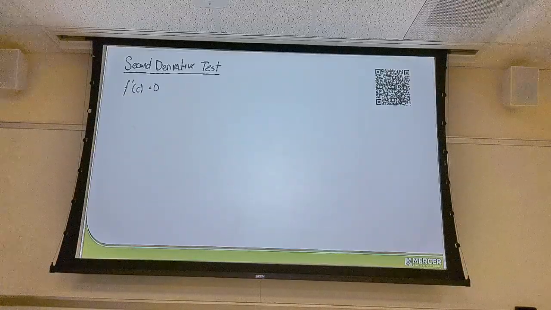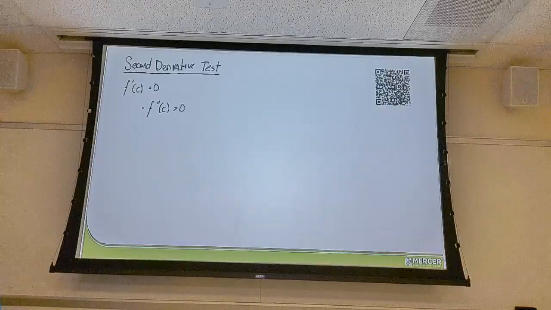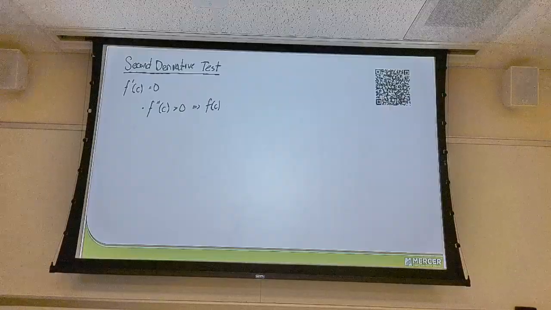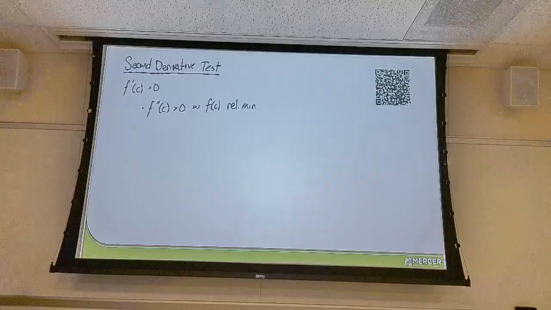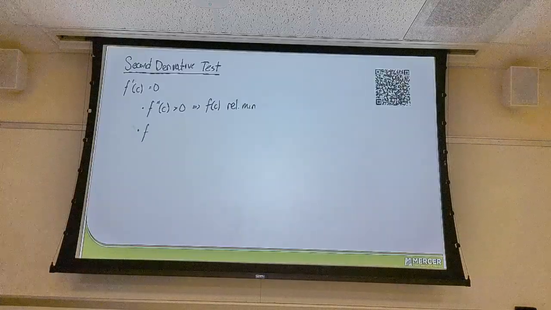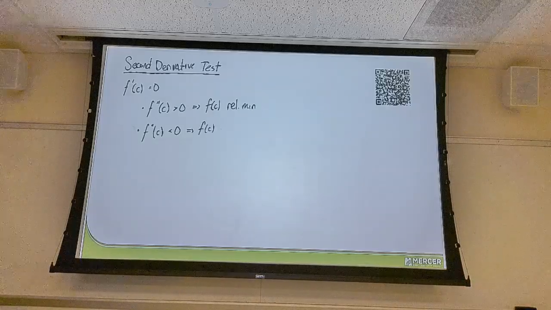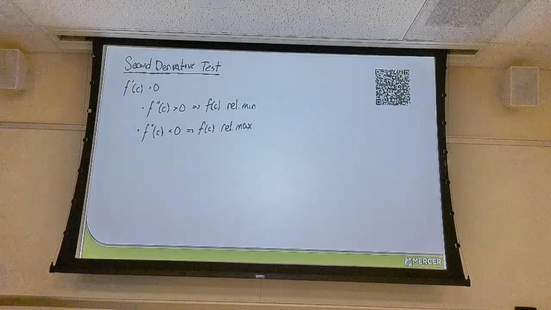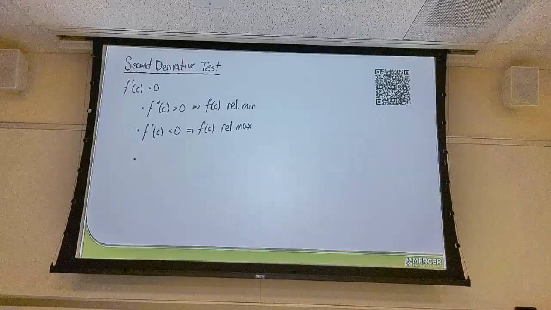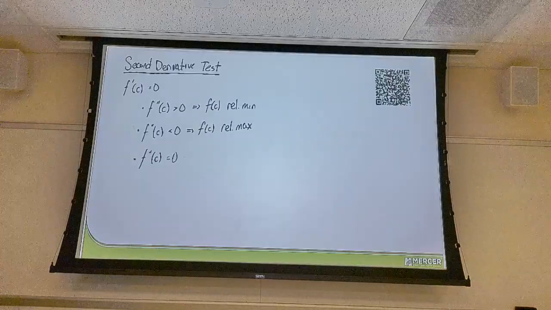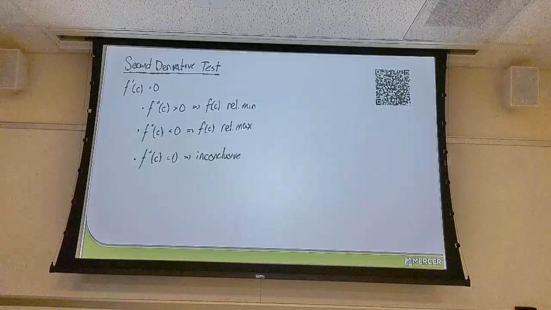If f prime of c equals 0, a positive second derivative means it's a relative min, right? A negative second derivative results in a relative max. And if it's 0, it's inconclusive.